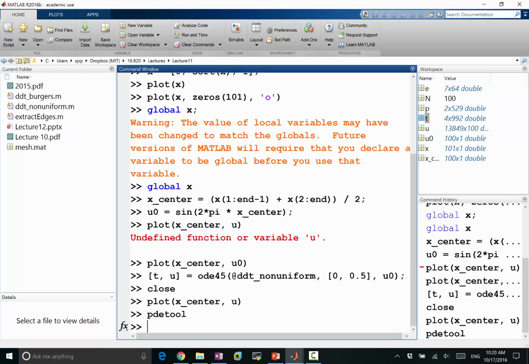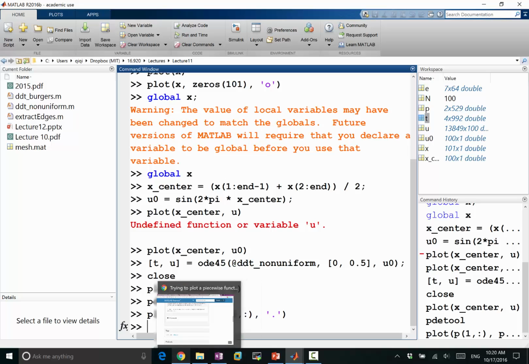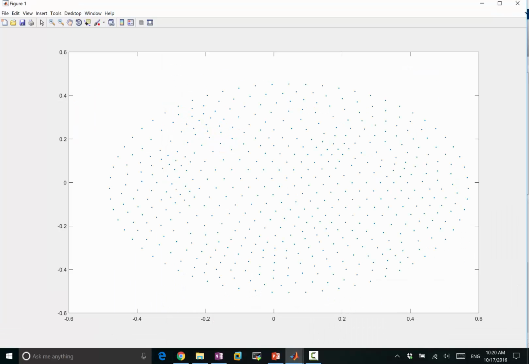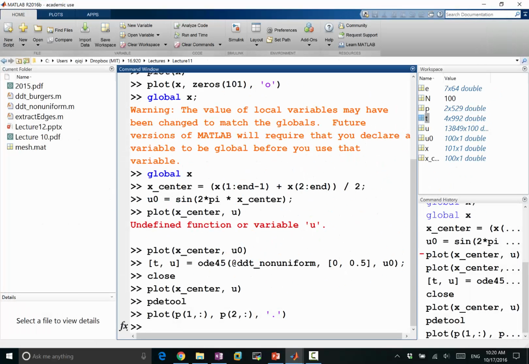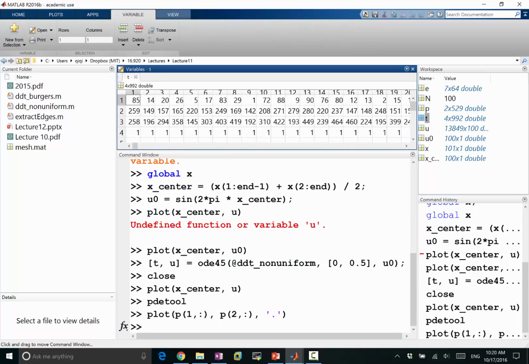So we can see we have E, P and T. P is all the grid points. If you plot P1 and P2, you get all the points we generated. T, the triangles, is 4 by the number of triangles.